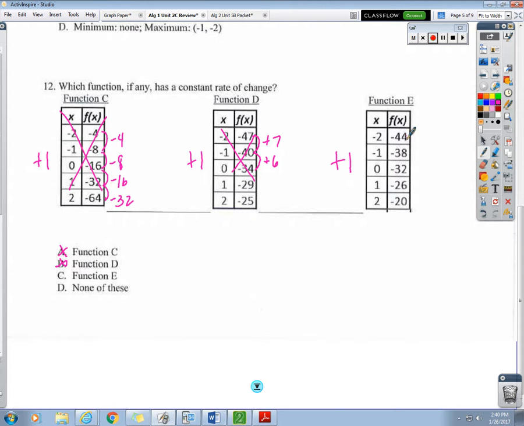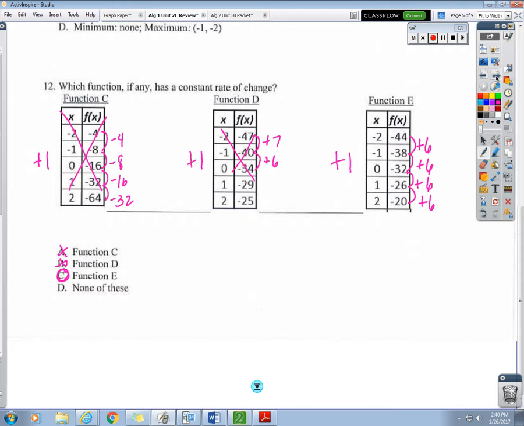From -44 to -38 is an increase of 6. -38 to -32 is an increase of 6. -32 to -26 is an increase of 6. And -26 to -20 is an increase of 6. So that's a constant rate of change. That's a linear function. These weren't. Okay, this was exponential, and this was nothing.